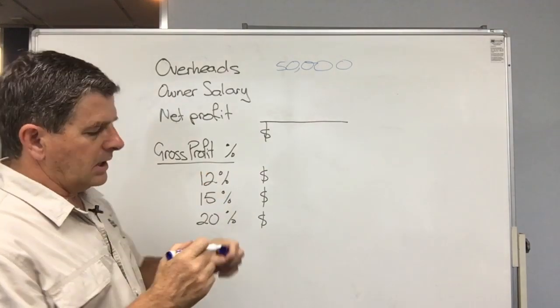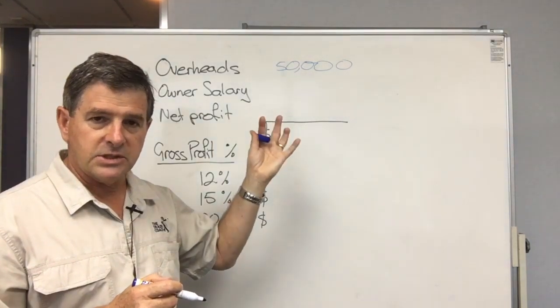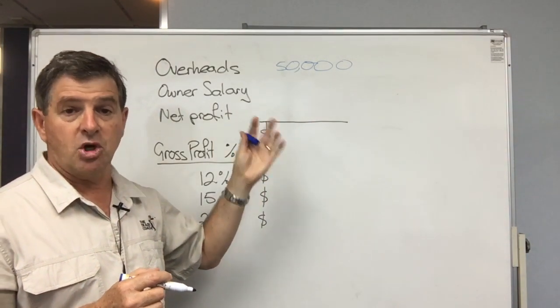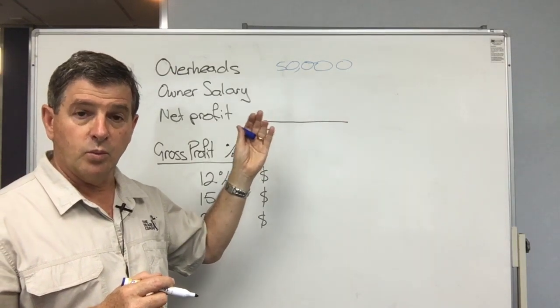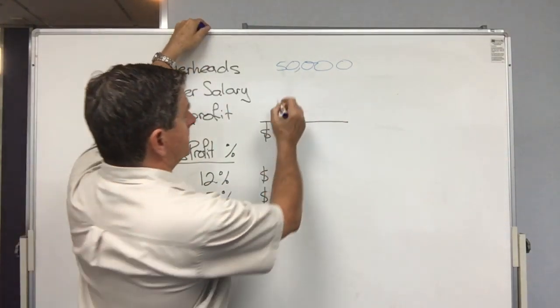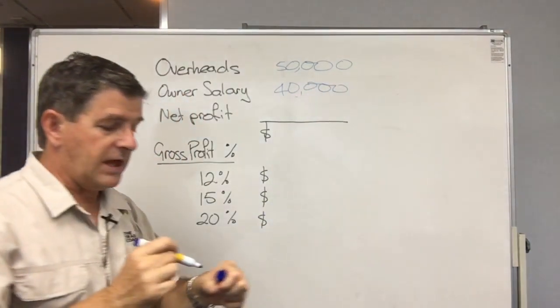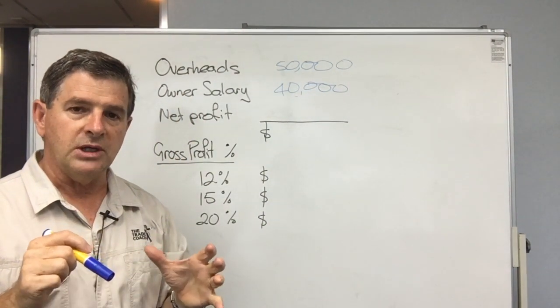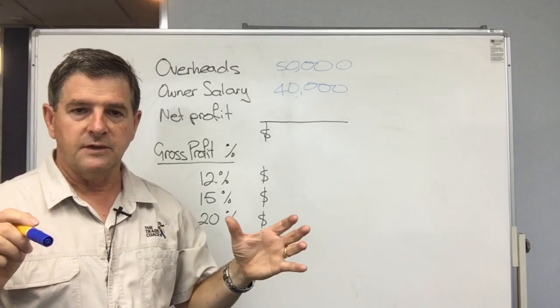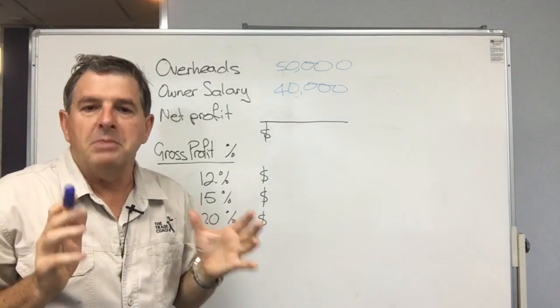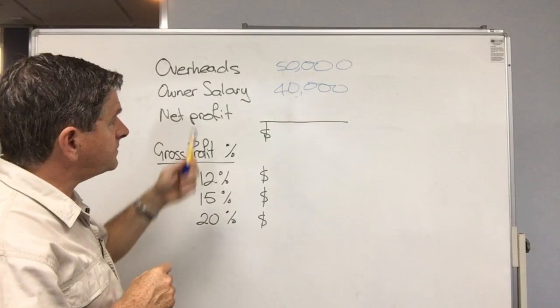So in our business here, this owner is still on the tools and earns the majority of their income from working on site, but we've decided that in addition to that he should be earning $40,000 for the pure management of the business. Okay, great.